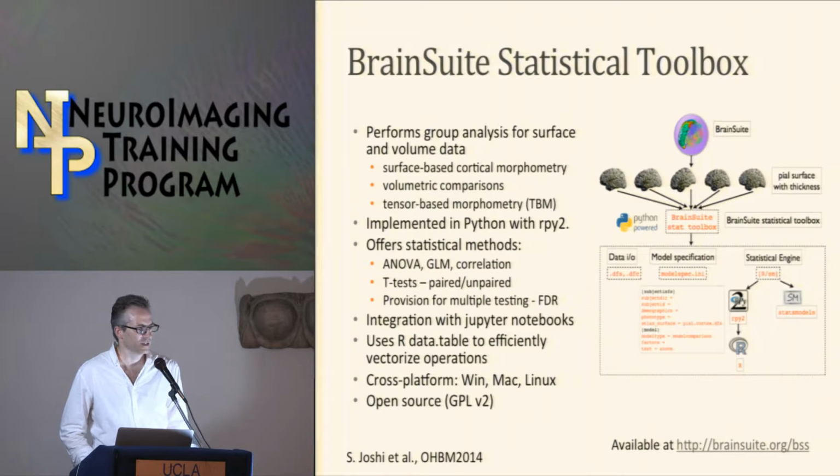You can define a table with all the metadata for your subjects, or whatever other attributes about the subjects you want to compare, put these into the tool, define your models and do comparisons. We have details on the website if you want to learn more about that. And this is all open source as well, and it's extensible because it's R and Python, so you can develop your own statistical tests in it.